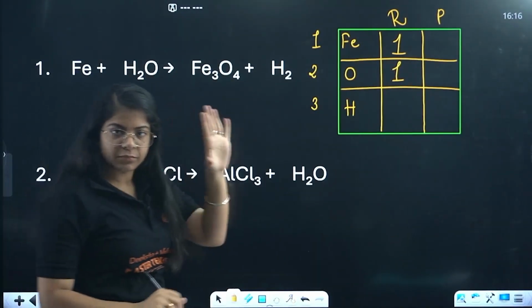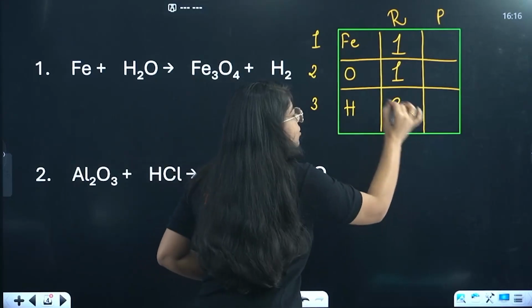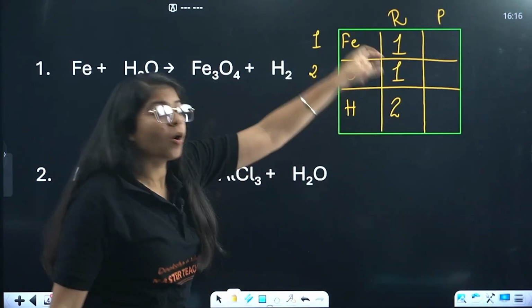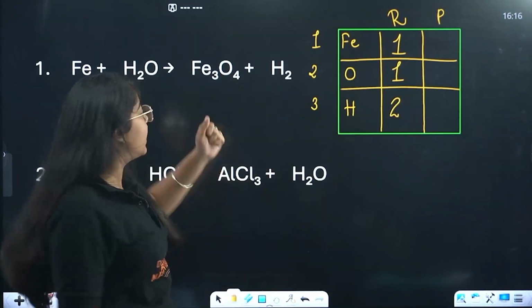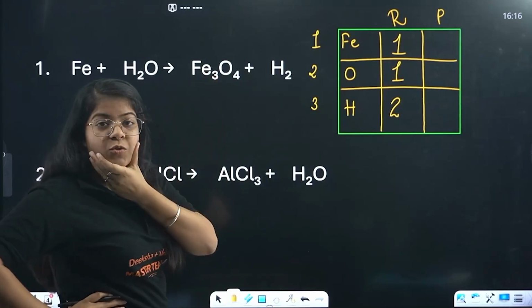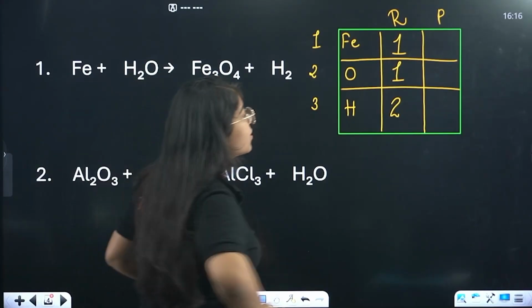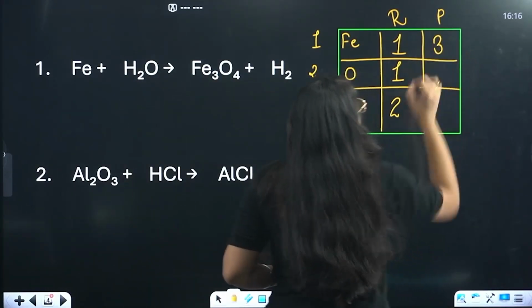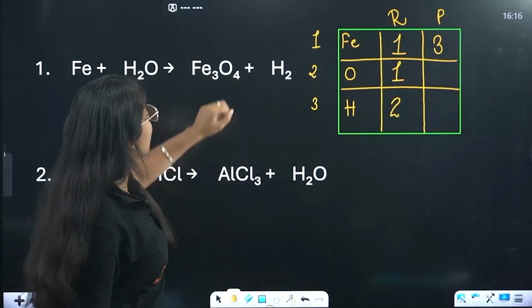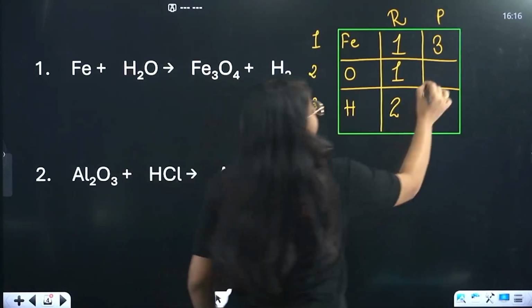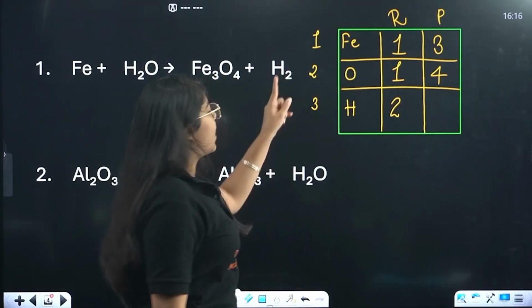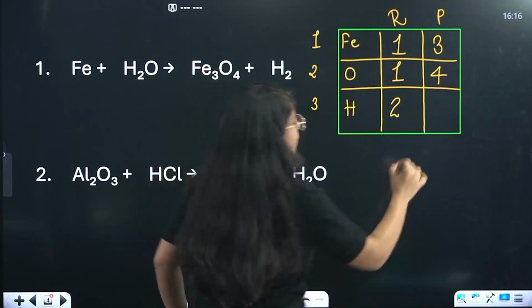That's 2. Now on the product side, how many iron are there? We have 3 irons. Then we have 4 oxygen on the product side, and 2 hydrogen on the product side.